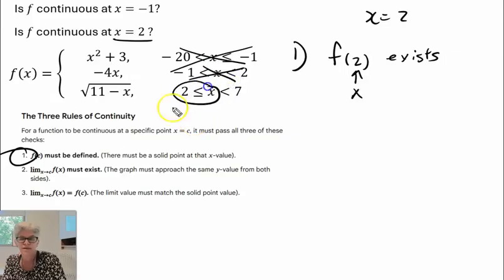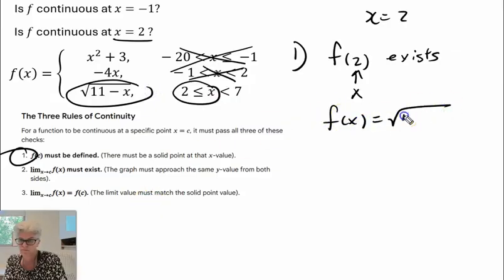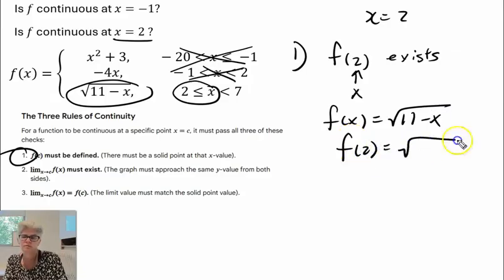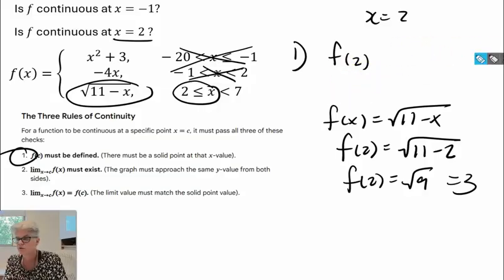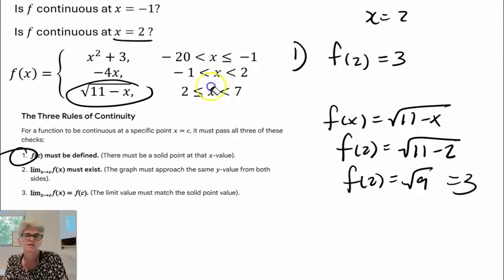And so we can see here, if x is equal to 2, this is the formula that we use. And so f evaluated at 2 is going to be that, and 11 minus 2 is 9, and the square root of 9 is 3. So the first condition is satisfied: f of 2 exists, and it is equal to 3. All right, so far so good.